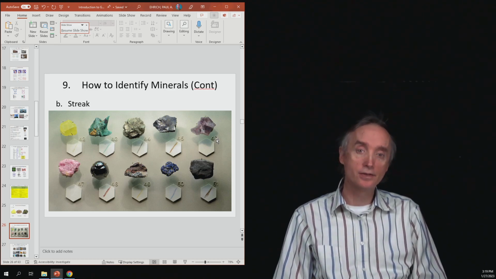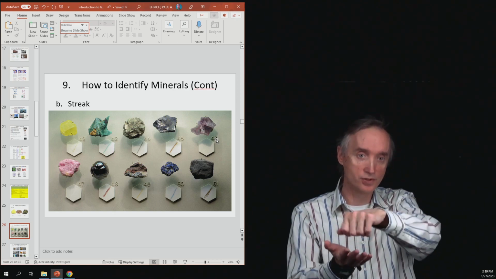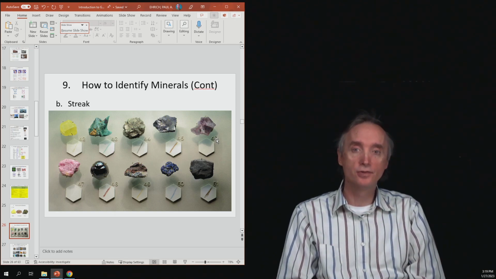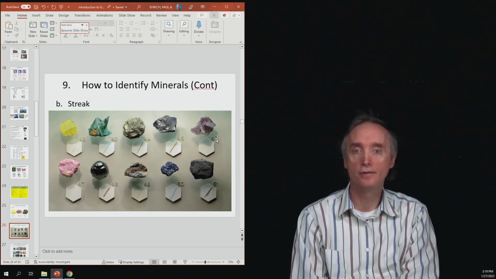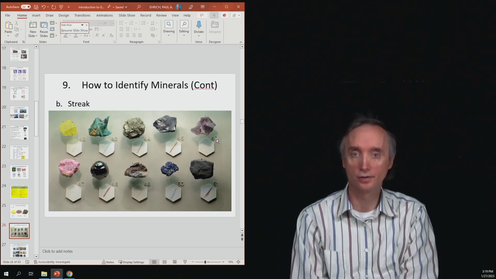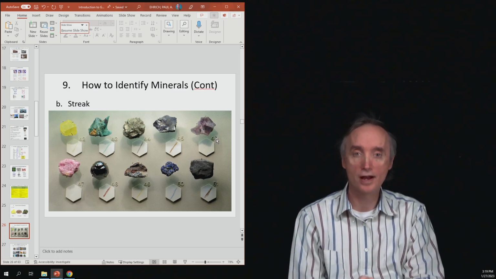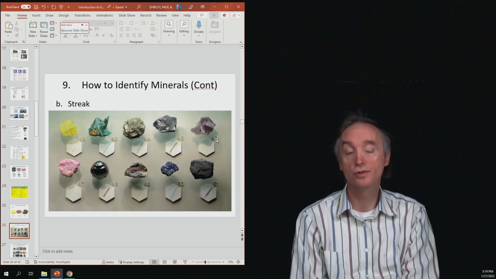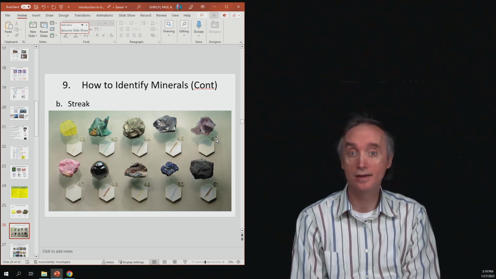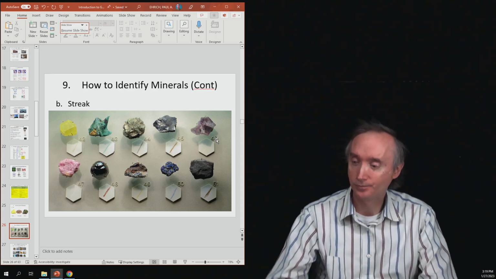In a case like that, you'd want to use a black piece of porcelain to scratch it on. So different kinds of minerals will have different colors when you scratch them on a streak plate. And actually that is a more reliable piece of information than the color is.